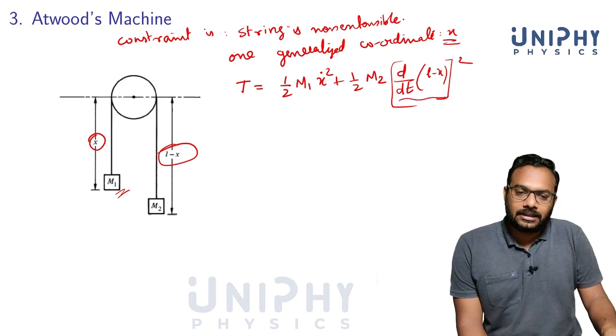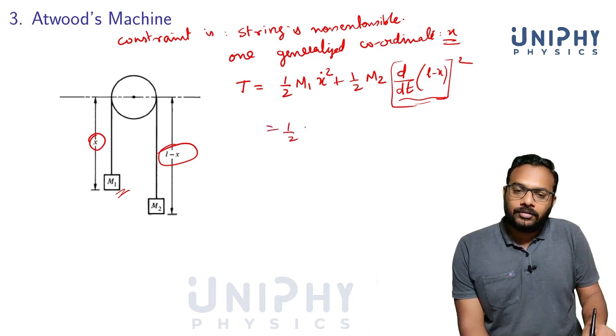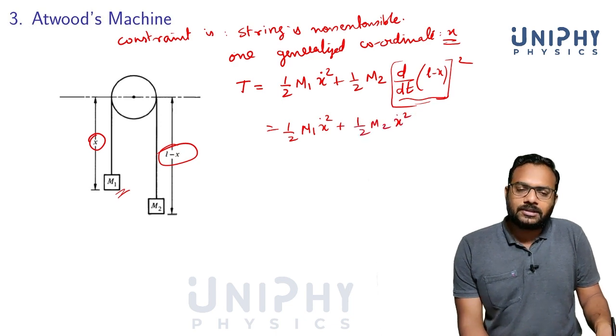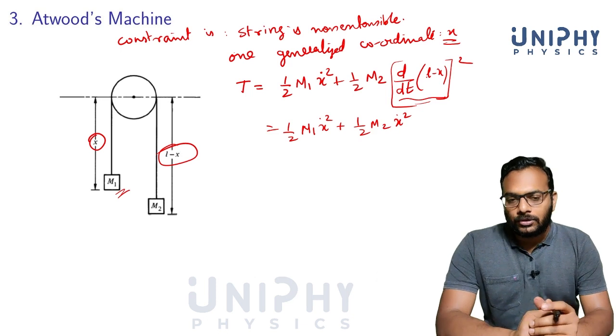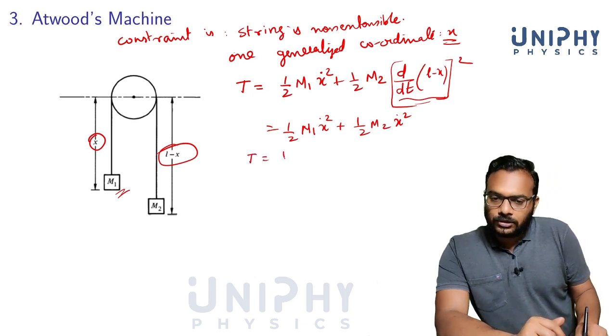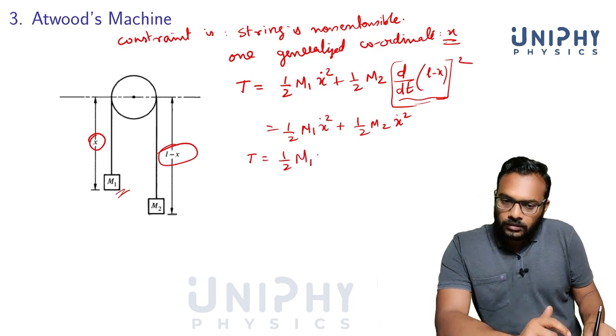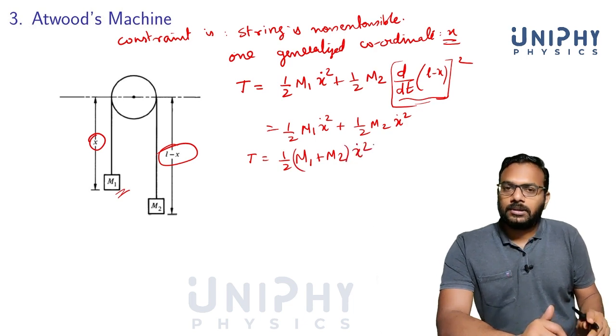This is the velocity corresponding to L minus x. So this simply becomes half m1 x dot square plus half m2 x dot square. The minus goes away because when you square, the minus disappears. So the kinetic energy is T equal to half (m1 plus m2) x dot square.